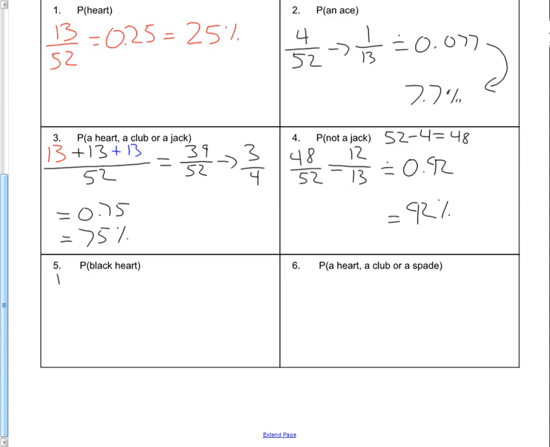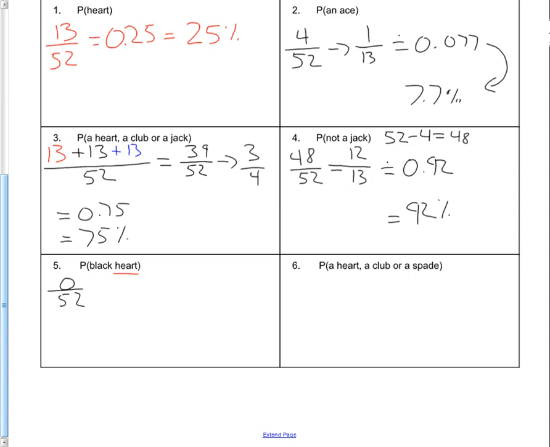Actually, let me go back. That is incorrect. There are no black hearts because it is impossible to have a black heart, because all of the hearts are red. So let's make this simple. If the hearts are red in a standard deck of cards, there are no black hearts in a standard deck of playing cards.